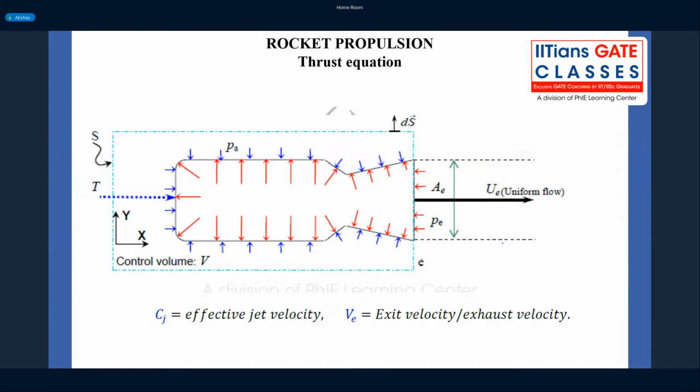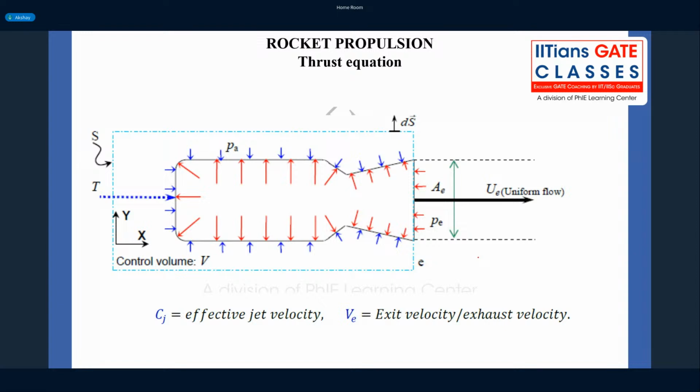Since we have not introduced the fluid mechanics basics yet, I am not going to discuss the control volume analysis or the Reynolds transport theorem directly. Instead, what I do here in the demo session is take my thrust equation directly.